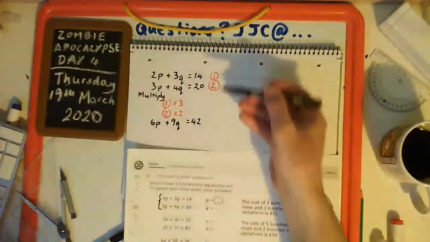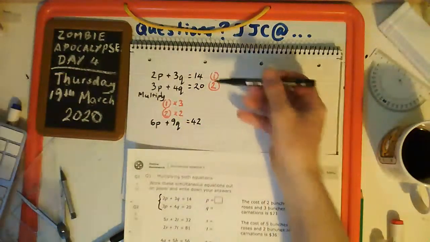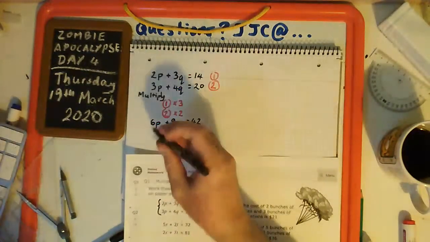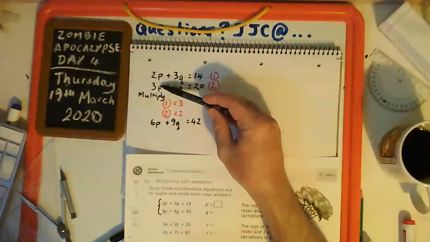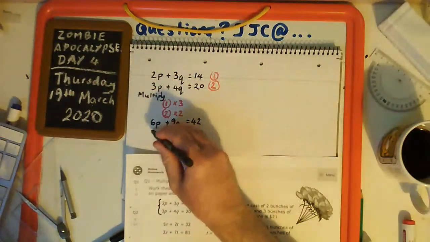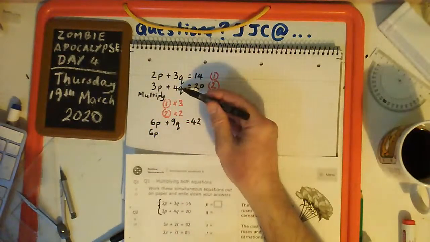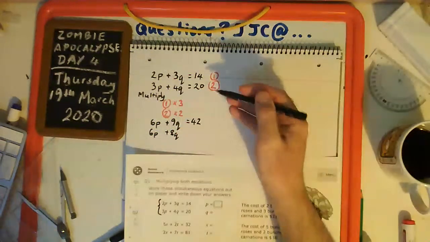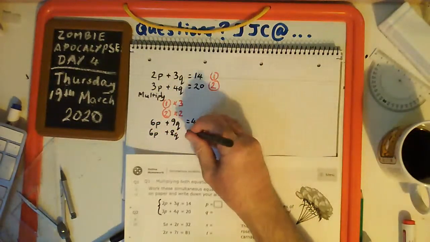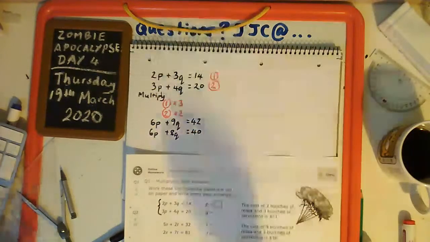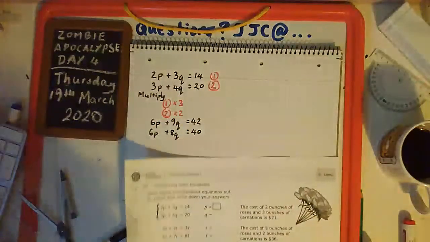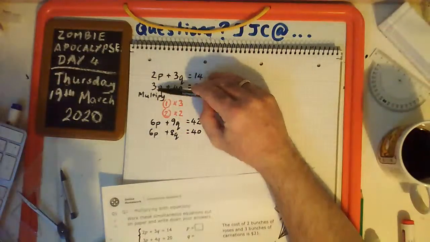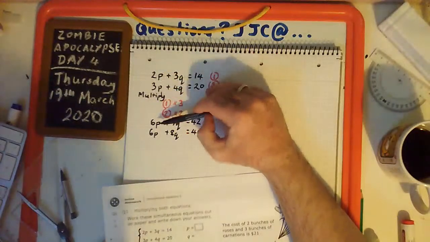Now I'm going to multiply everything in equation 2 by 2. 3p times 2 gives me 6p, 4q times 2 gives me 8q, and 20 times 2 gives me 40. So why did I do that? Well, the reason is to make the p's the same. I saw that 2p and 3p would both go into 6p.